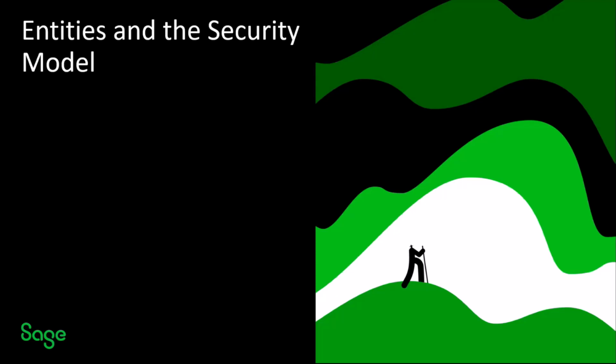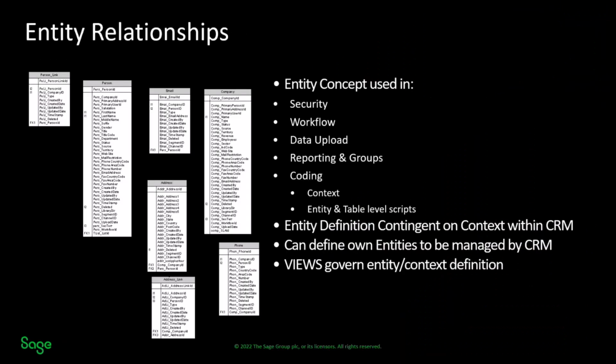We're now going to go on and see a little bit more about the usage of the theory of the data model and the SQL and how that all combines within security. And we just need to remind ourselves that within the context of Sage CRM, not all relationships are equal.